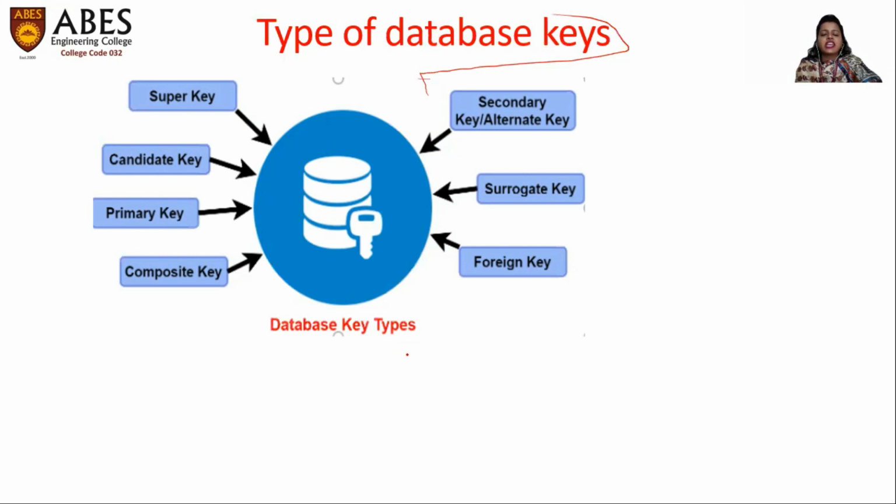Also, we have a secondary or alternate key. Each key has its own significance and a particular role. Now we will see in depth what the main feature of each type of key is.